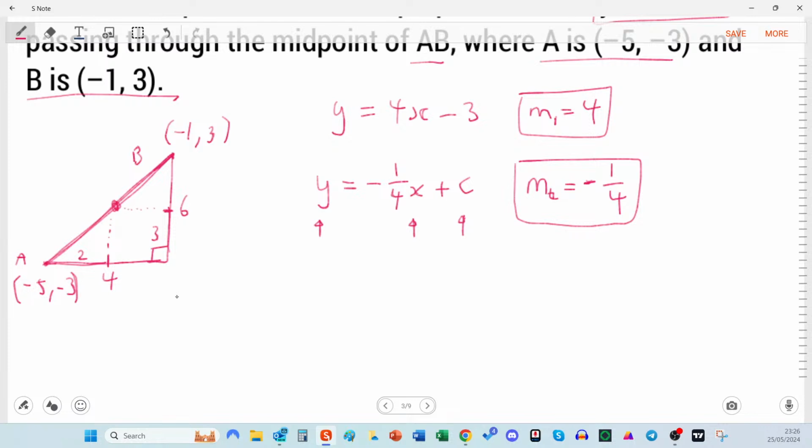So going from -5, -3, this -5 is going to go up 2, and this -3 is going to go up 3. This is going to lead to a coordinate of -3, 0.